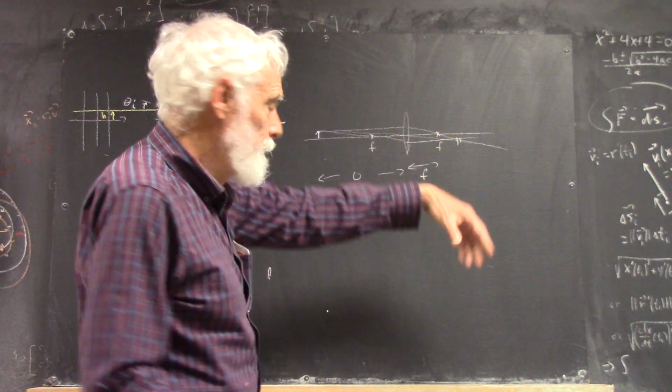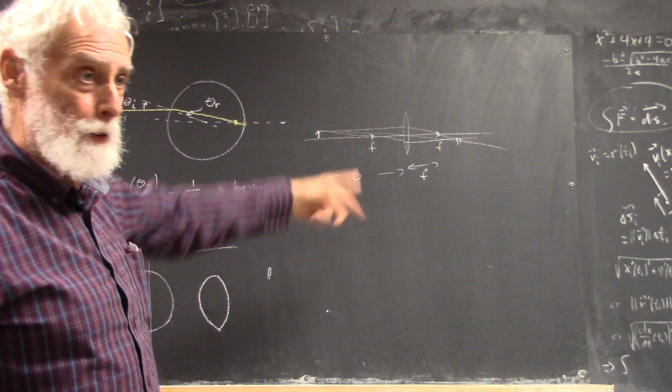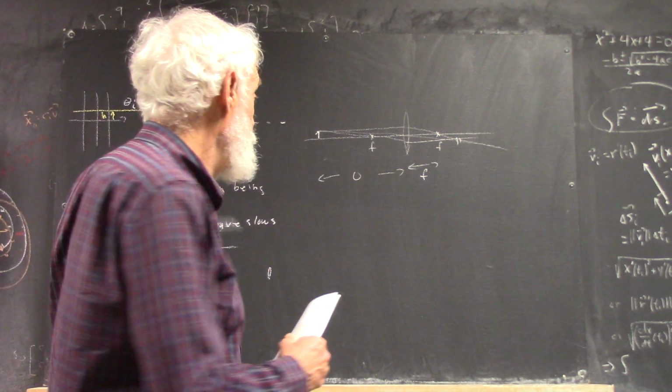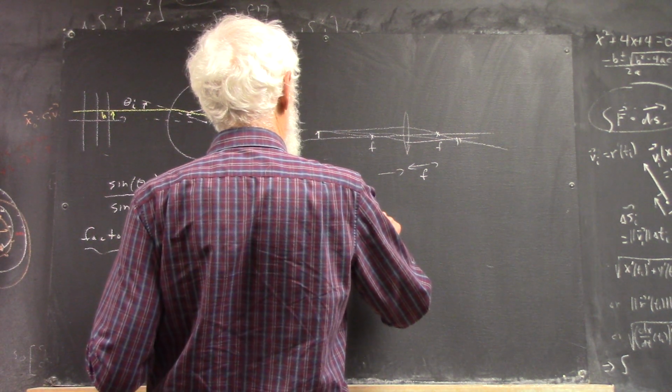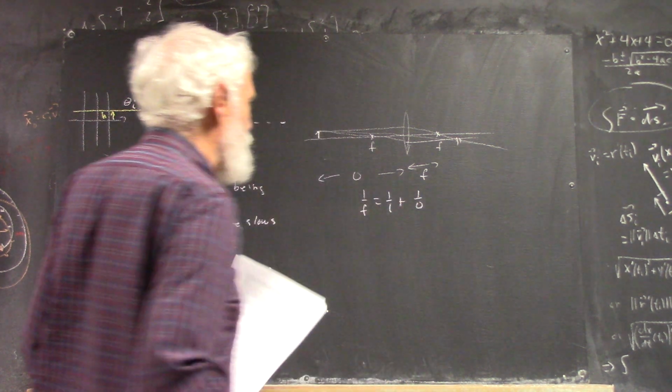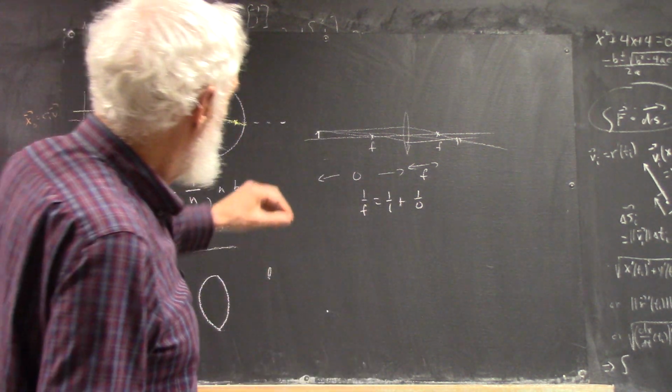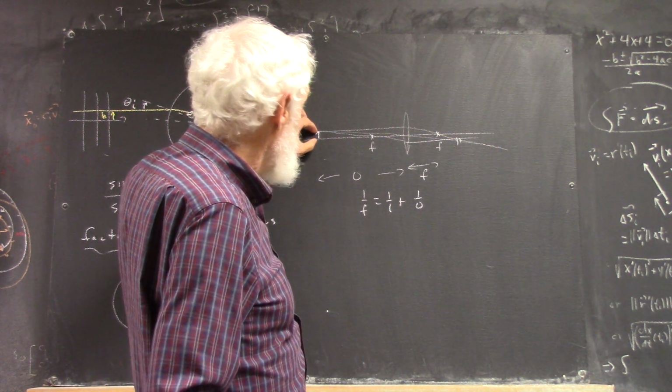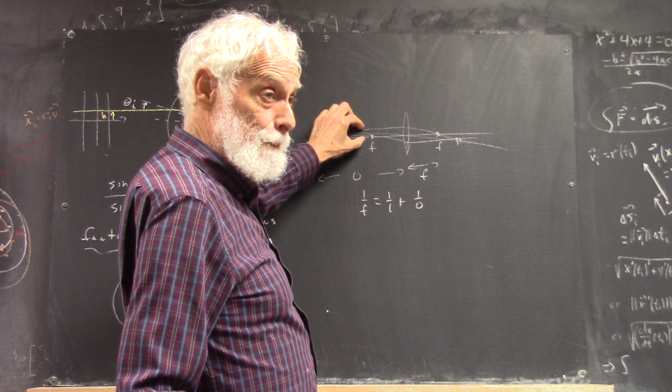You've got to be able to identify the triangles and prove this. Prove that 1 over F equals 1 over I plus 1 over O. Now, what happens as you move this object closer to the focus?